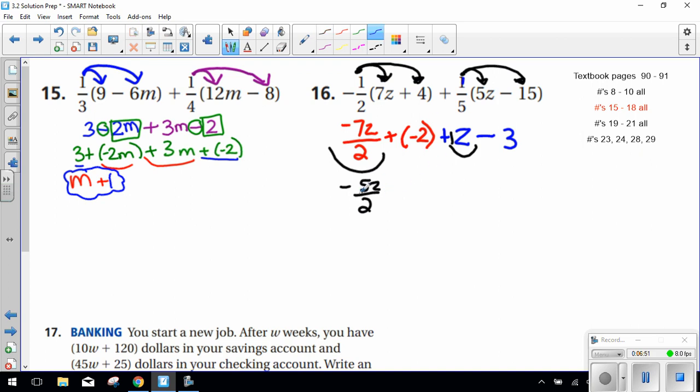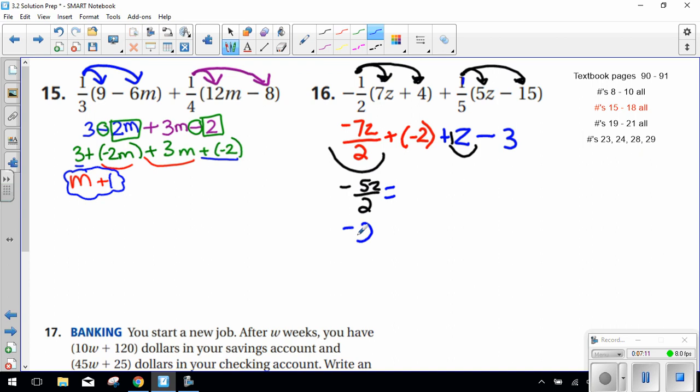We can rewrite this, and I encourage you to do so. If you hit on your calculator, hit second, and then the X10N button, which is third row, third column, you get negative 2 1/2.